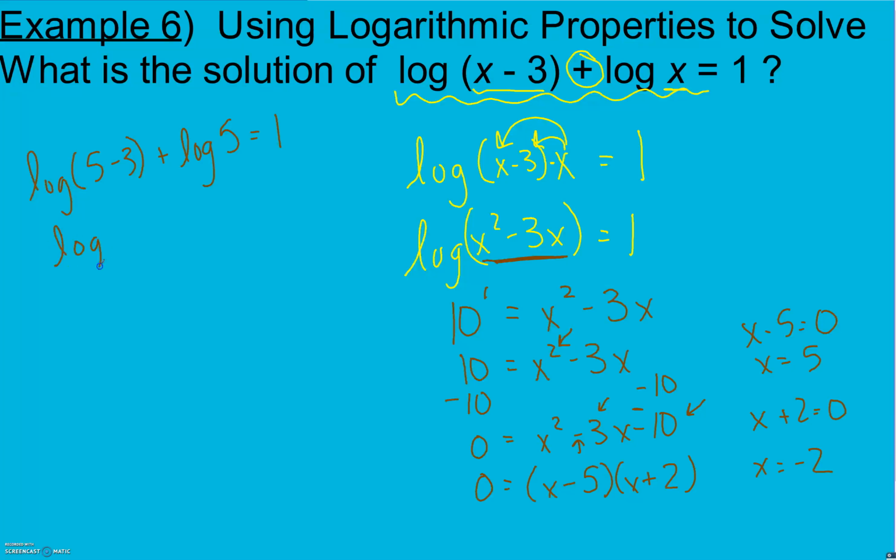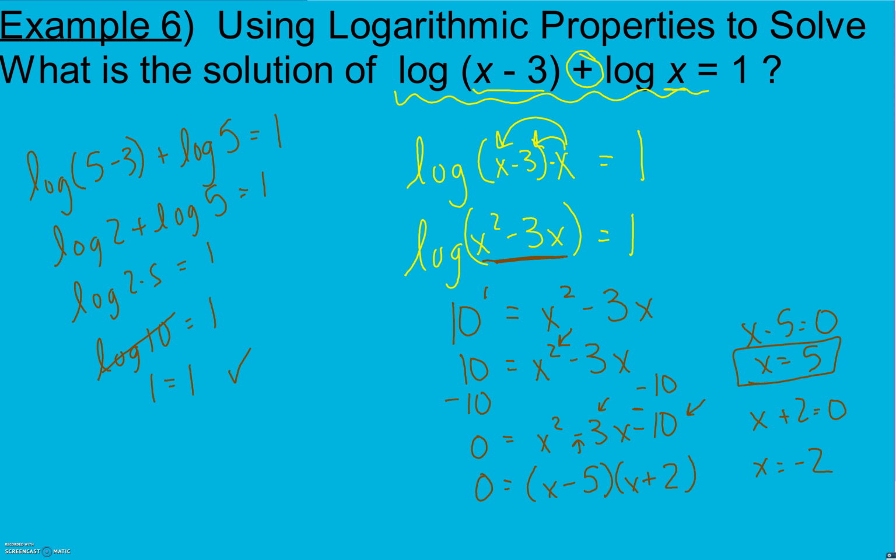We get log of 2 plus log of 5 gives me log of 2 times 5, log of 10. And we know that log base 10 of 10 means it's just 1 equals 1. That checks.